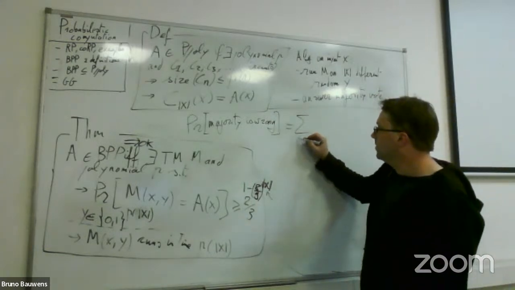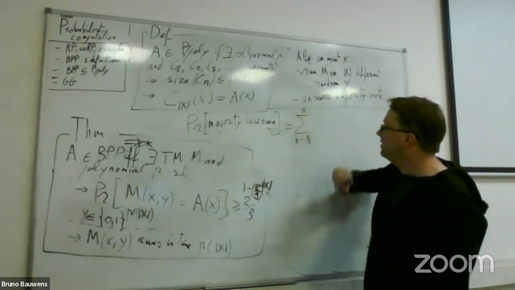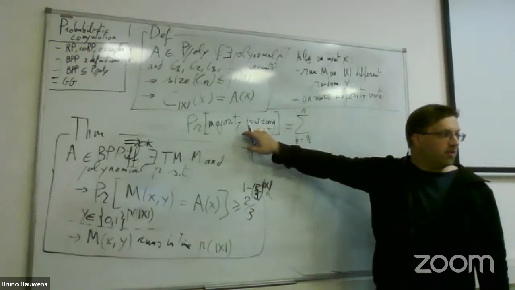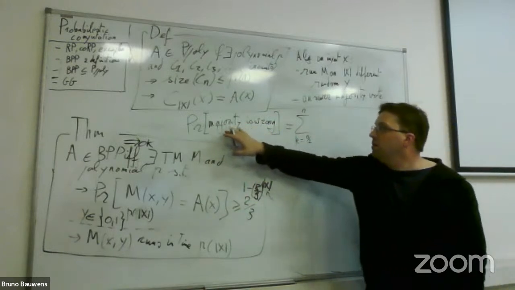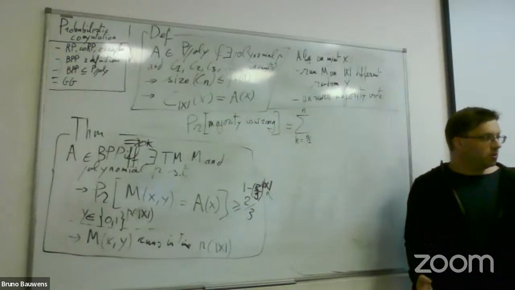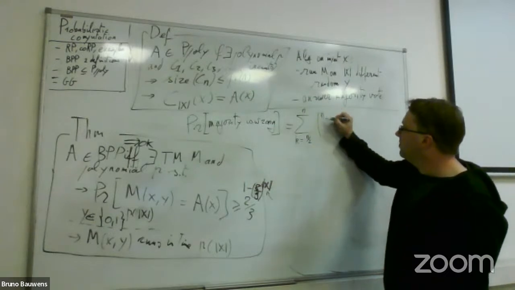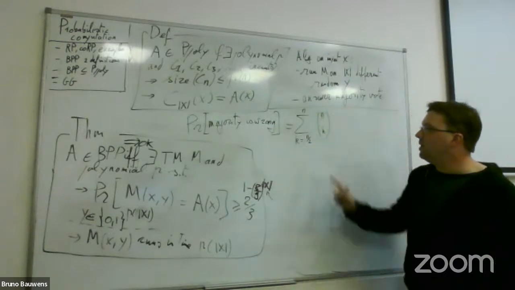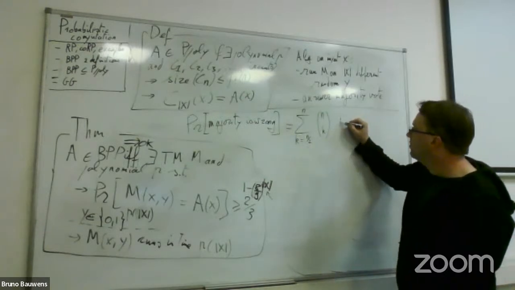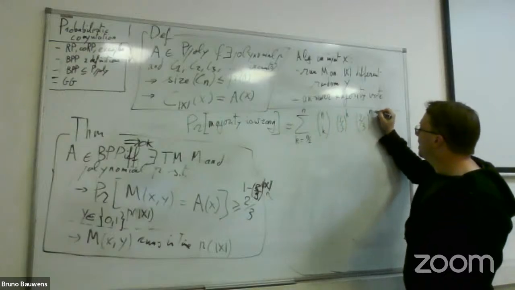Then we have to sum for K equal to n/2 to n. So we have independent Bernoulli variables, and the number of wrong answers is binomially distributed. To get K wrong answers, we have n choose K ways to get it, times 1/3 to the power K times 2/3 to the power n minus K.